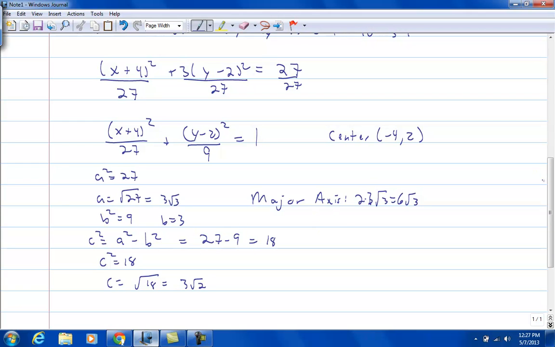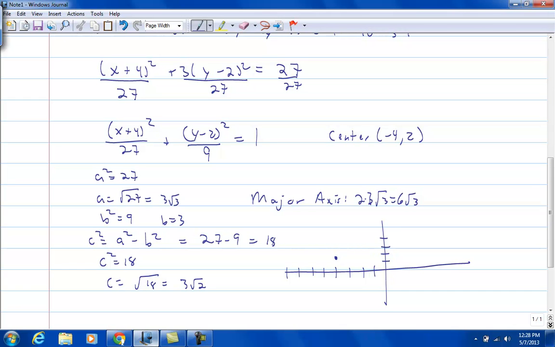Now, I'm going to just draw a rough sketch of this, very rough. 1, 2, 3, 4, 5, 6, 7, 8. 1, 2, 3, 4. Okay, so our center is at negative 4, 2.